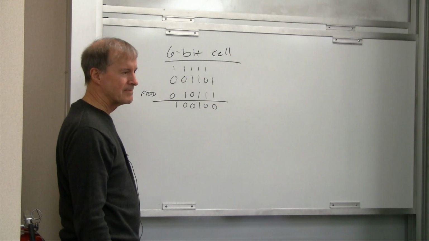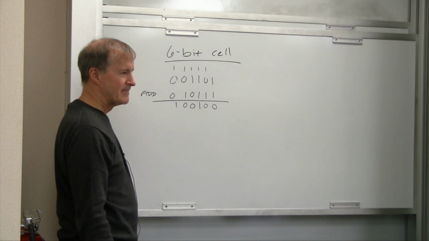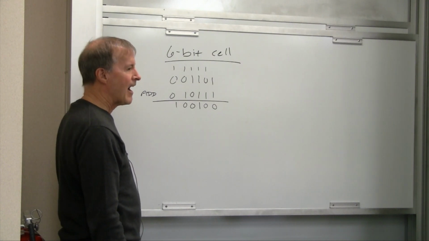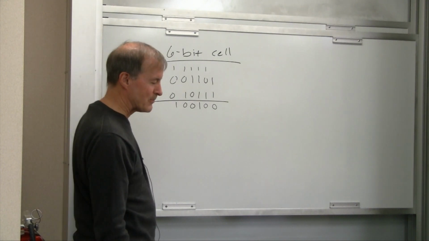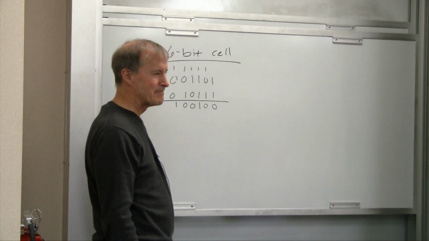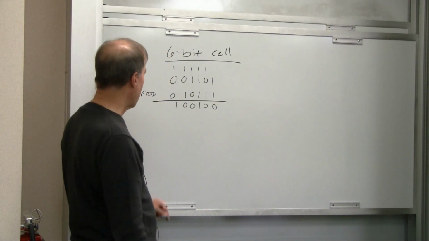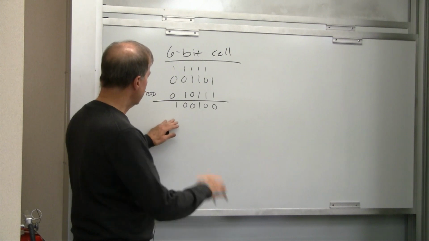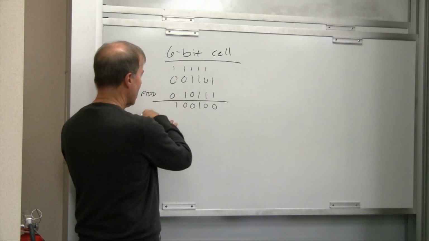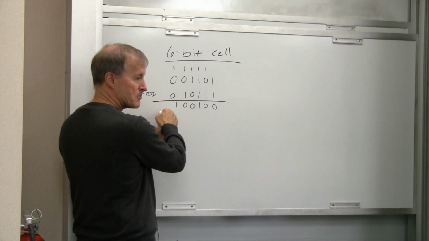Yeah, question? If you had gotten yourself into a situation where it would have been a 10 at the end, where do you store it? That is a really good question. That's the next point. Great. In this particular example, we didn't have any carry out from the leftmost bit.